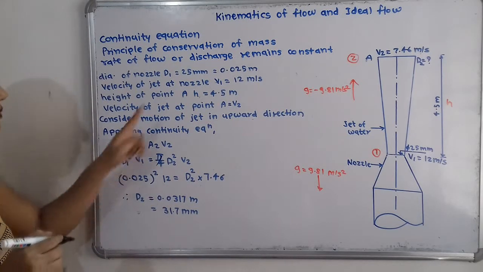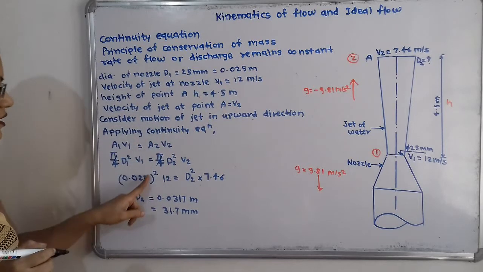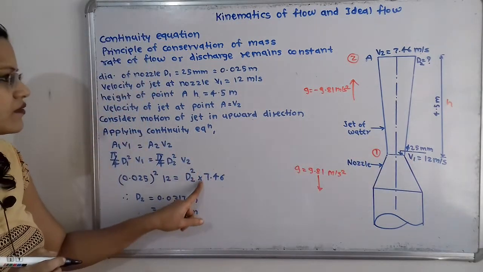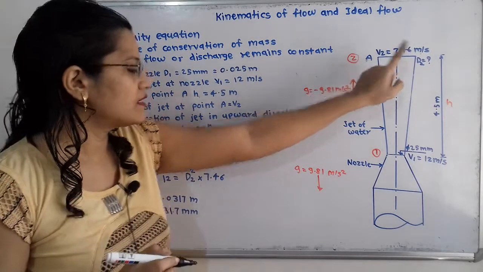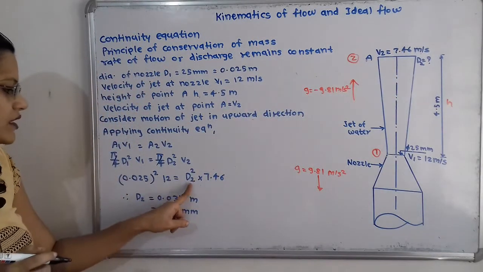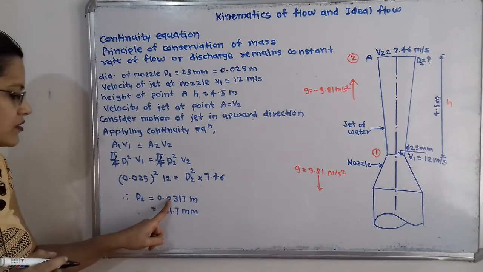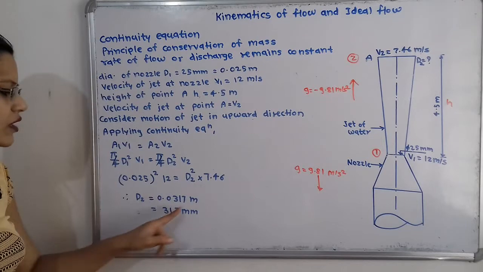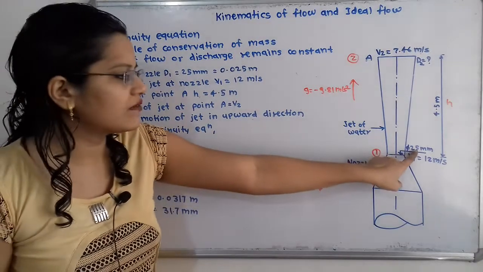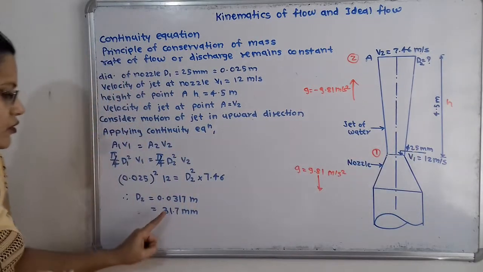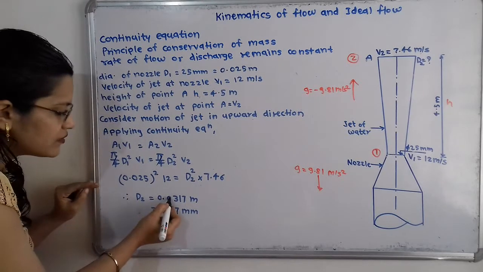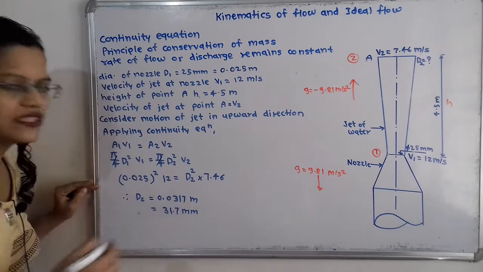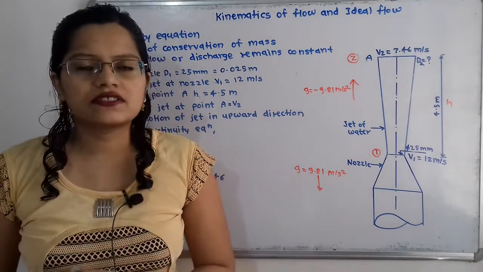So D1 square means 0.025 square into V1, that is 12, is equal to D2 square into V2, that is 7.46. So what is the value of D2? That is 0.0317 meter, and we have to convert it into millimeter because the initial value is given in millimeter. So we shift the decimal 3 places towards the right: 31.7 millimeter, and this is the answer.